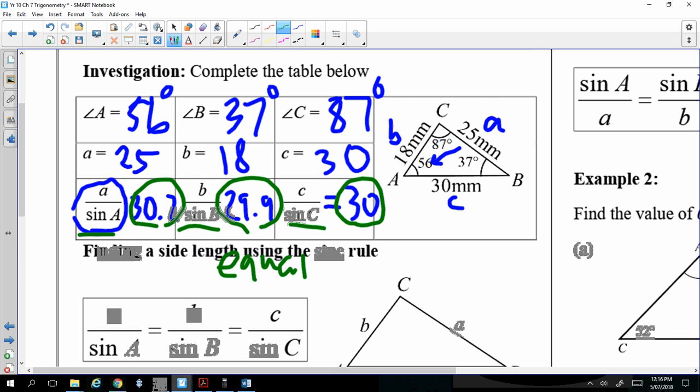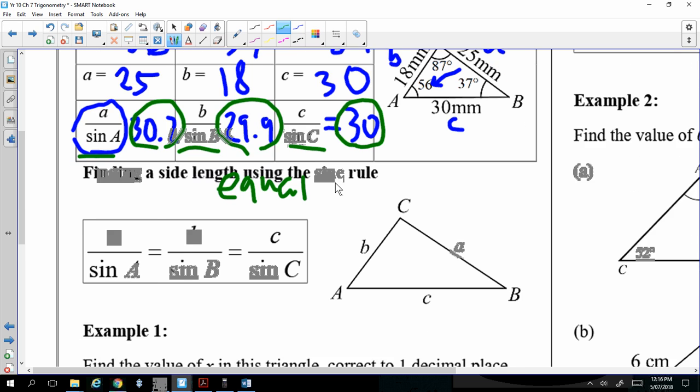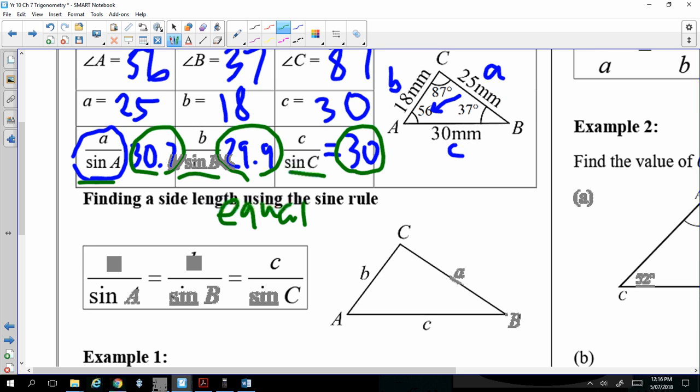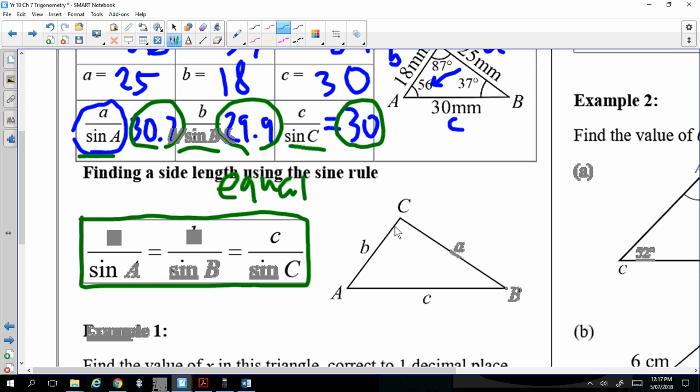And due to this result, we can conclude, or at least we can believe, this formula works: that the ratio of the side length over the sine of the opposite angle is the same for all three sides. And that gives us a formula to calculate the missing side. This formula is called the sine rule.